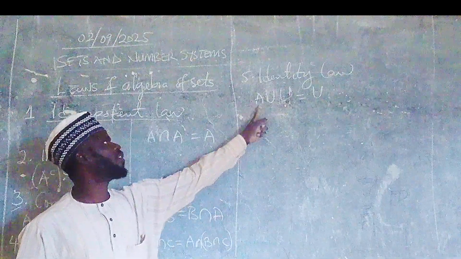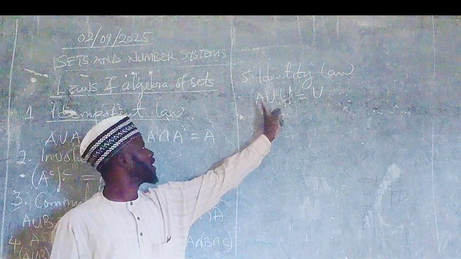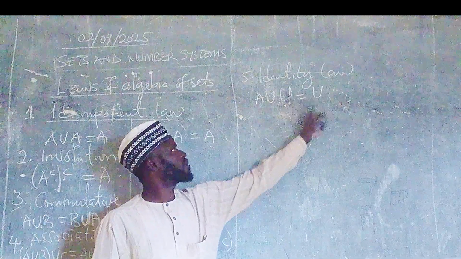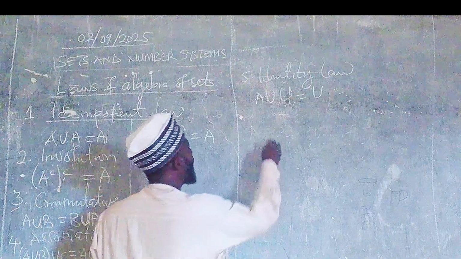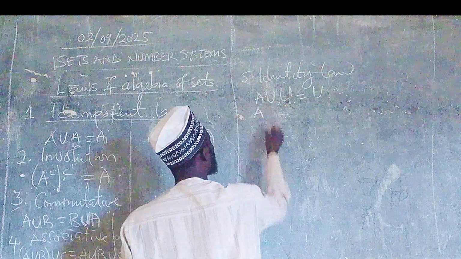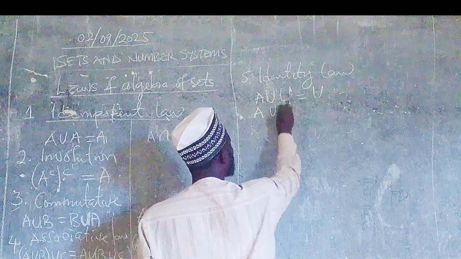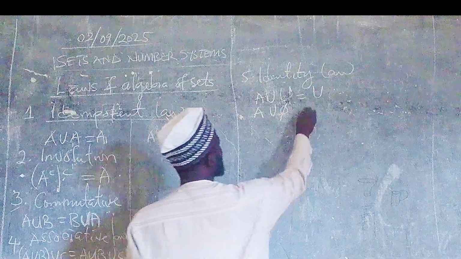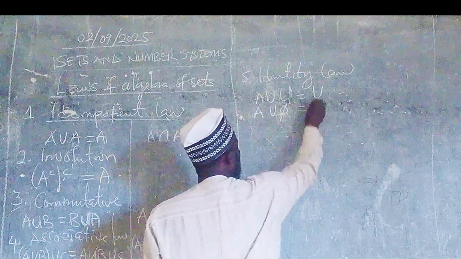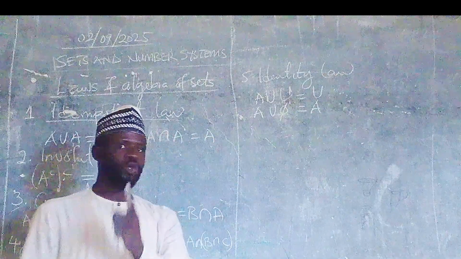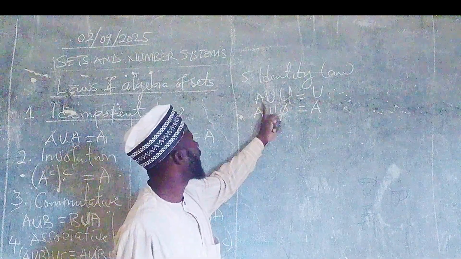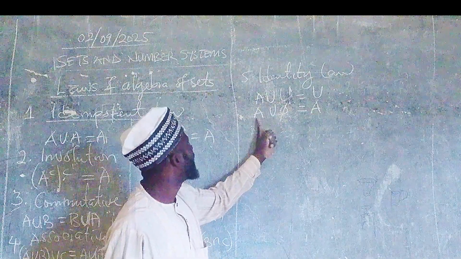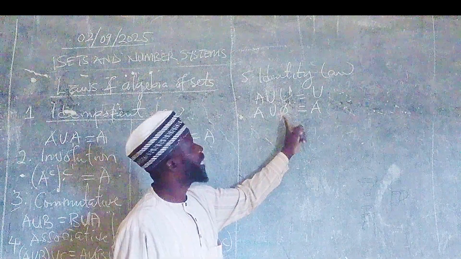So the union of a subset with its universal set is the universal set. And if you have A union the empty set, the answer is A itself.